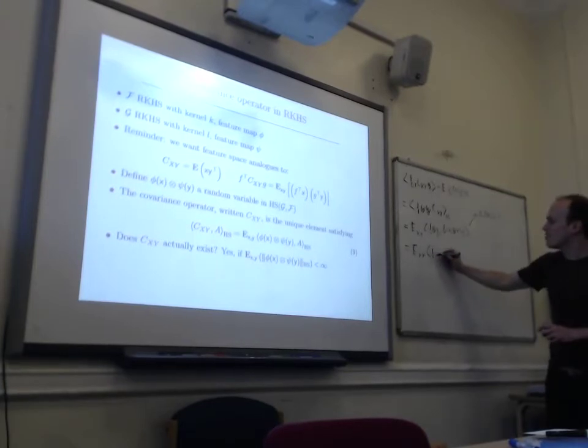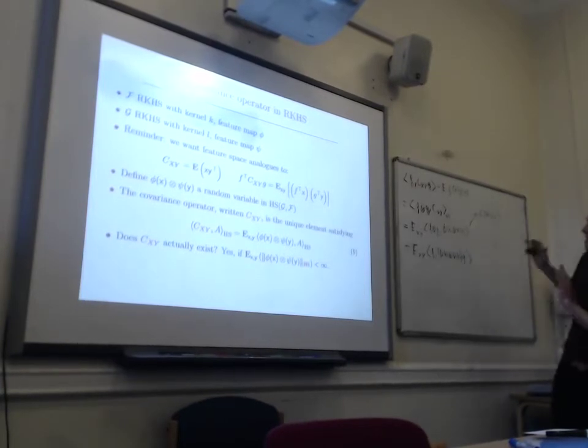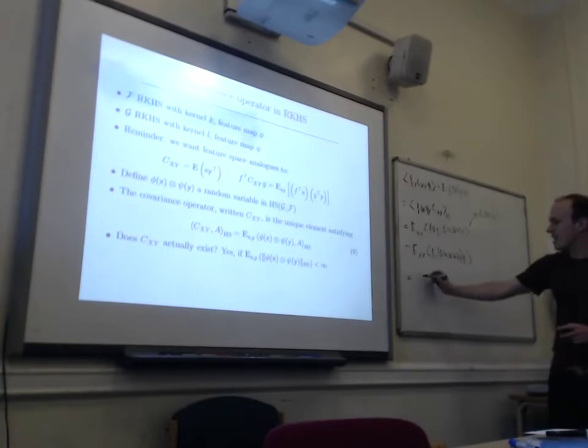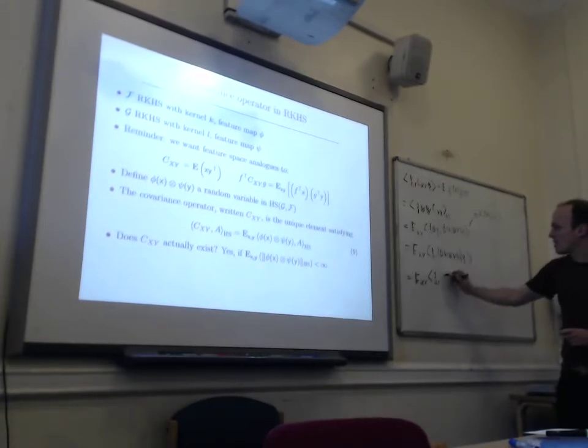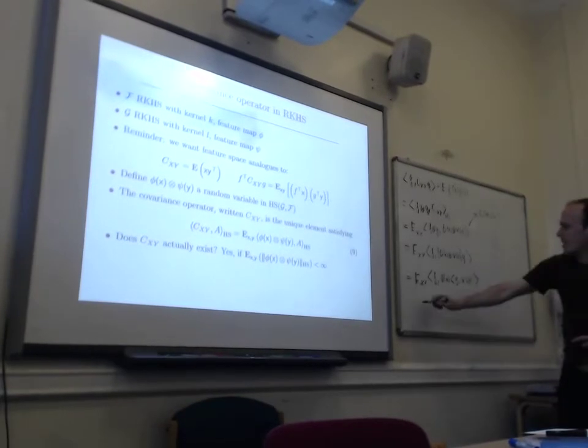So this is the inner product of f and phi x plus psi y, acting on g. I just want to add that step because otherwise I've skipped too many steps. And then we know what this is, right? This is the expectation over xy of f, and now we've got phi x multiplied by g and psi y, right?